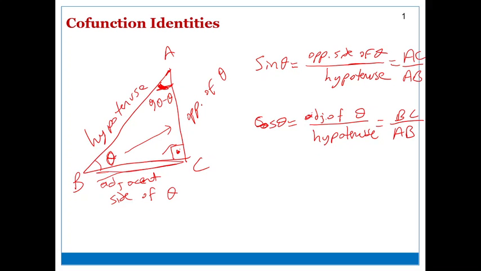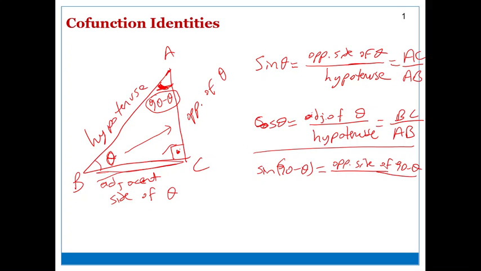Now let's stop here and do the same thing for 90 minus theta. What is sine of 90 minus theta? This is the opposite side of 90 minus theta divided by the hypotenuse, right? So what is the opposite side of 90 minus theta?